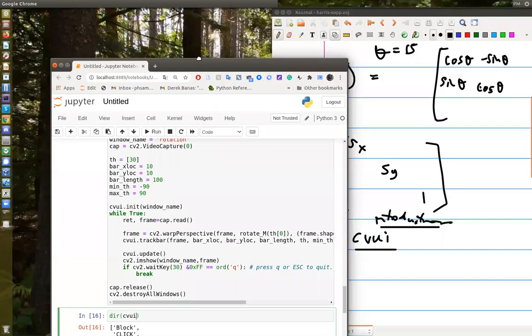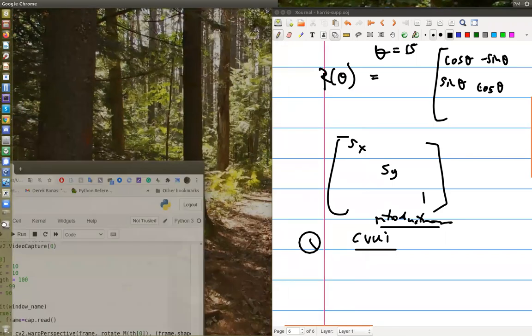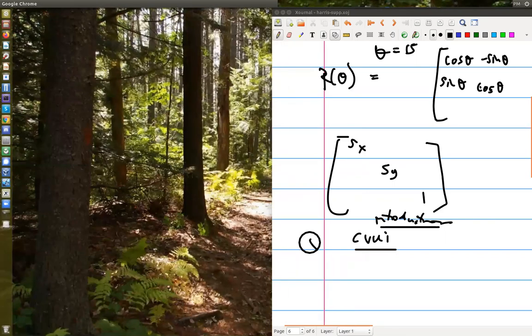I actually think OpenCV is quite simple. I shouldn't say that, but of course there's lots of detail, and if you just do something minimal, it's actually not too difficult, right?